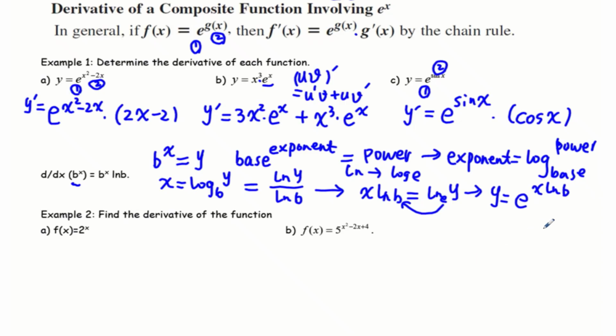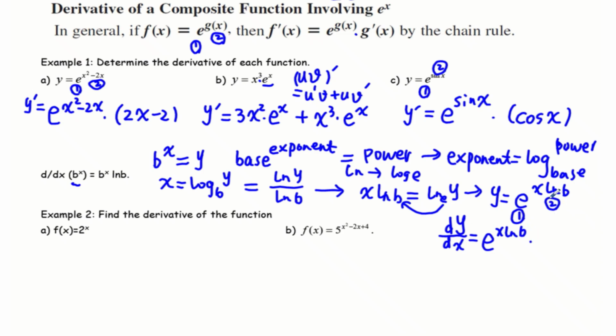Then we take the derivative of this one. So dy by dx equals, we have two things, okay? The exponential e to the exponent x ln b won't change.